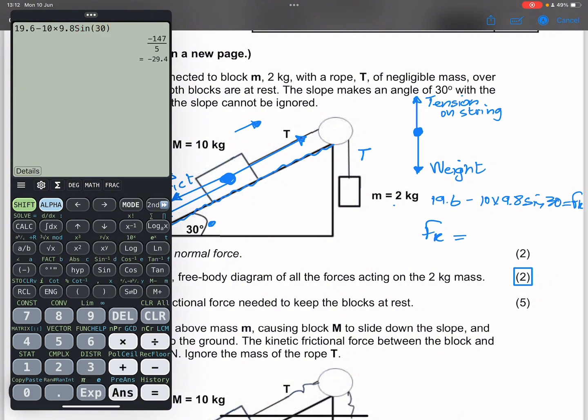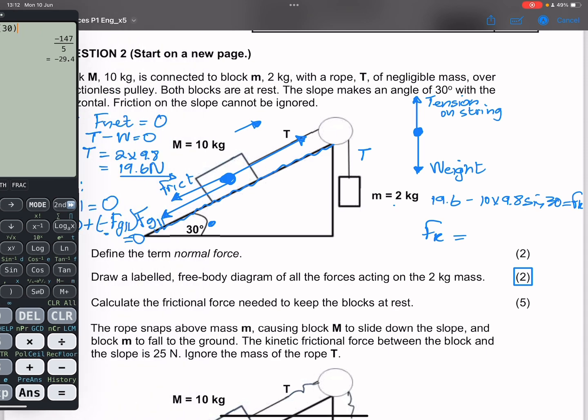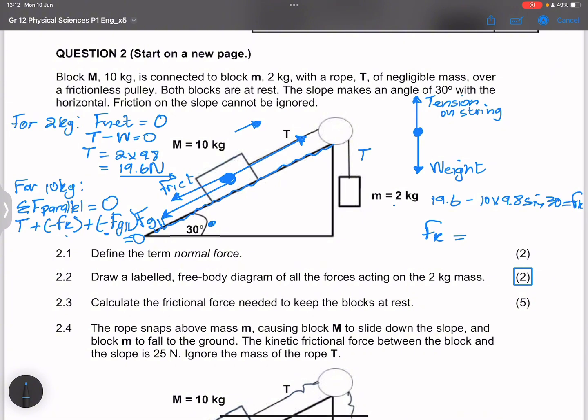And I get a frictional force value of 29.4. Actually, this is telling me that this guy is experiencing friction that's going up the slope. That makes sense, because if you think about it, this mass is significantly bigger than the mass of the 2 kg mass.